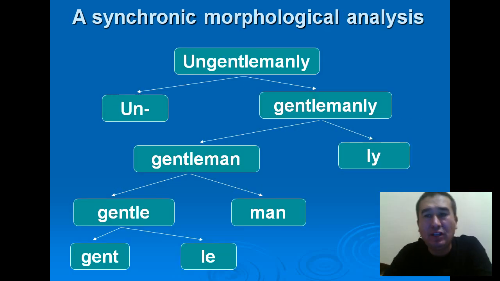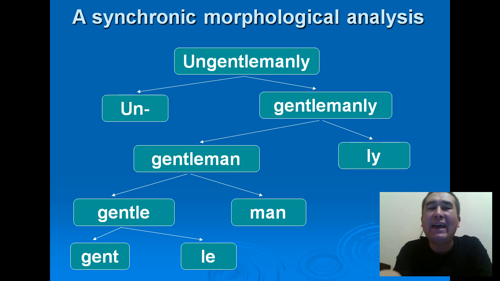Synchronic morphological analysis, for example, ungentlemanly. You can see here the word ungentlemanly was firstly subdivided into two big groups, un prefix and gentlemanly as root, and then gentlemanly was further divided into gentleman and ly.